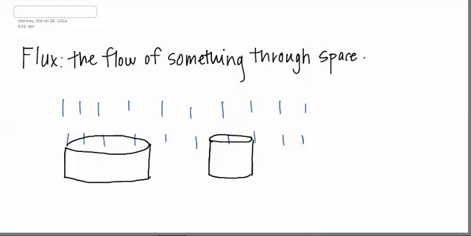Their size, definitely, and the cross-sectional area. Which one, bucket 1 or bucket 2, is going to have the most flux, the most flow of rain through the space? Bucket 1. We're going to catch more raindrops with that one.